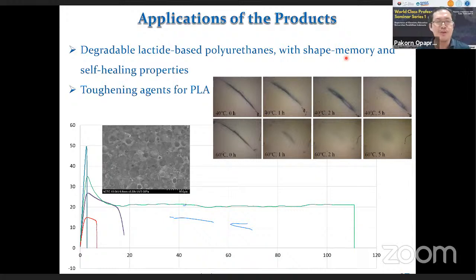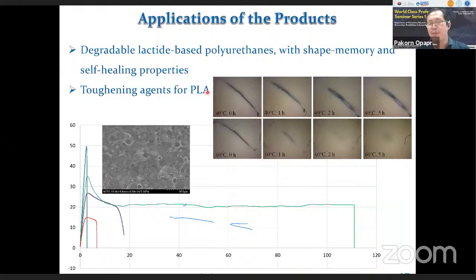They also show a property called self-healing. If we make a cut on the surface of a piece of this polyurethane, and we heat it up a little bit, around 60 degrees Celsius for around 2 hours, it can heal and become a smooth sample again. So this can have many applications, especially in biomedical applications. Also, they show very good ductility.